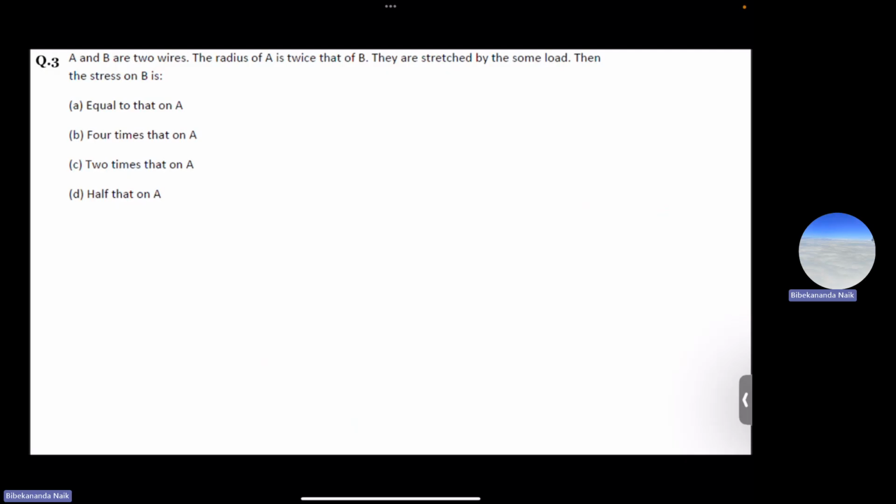So there are two wires, A and B. The radius of A is twice that of B, so it is 2x and it is x. They are stressed by the same load. Same load means the force applied on both is same.